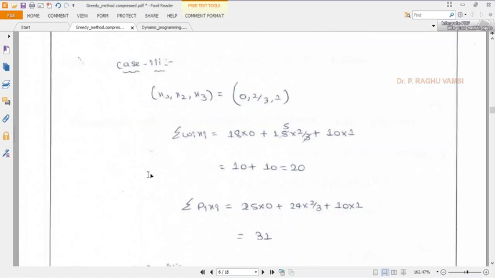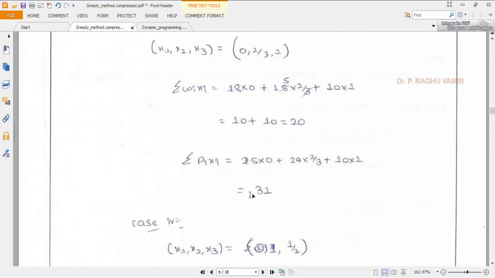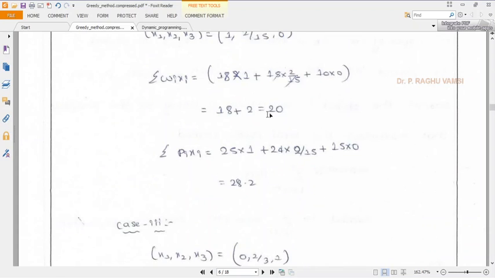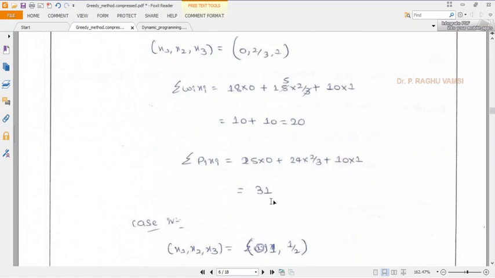Now go for the corresponding profit. 25 into 0 plus 24 into 2 by 3 plus 10 into 1 comes up to 31. Previously the condition was satisfied but we got only 28.2. In this case, we got 31 as the profit. We always choose to maximize the profit, obviously. So this is well and good.